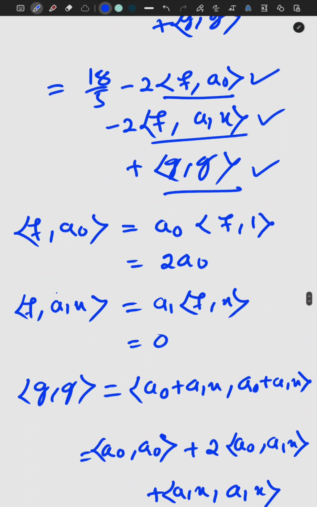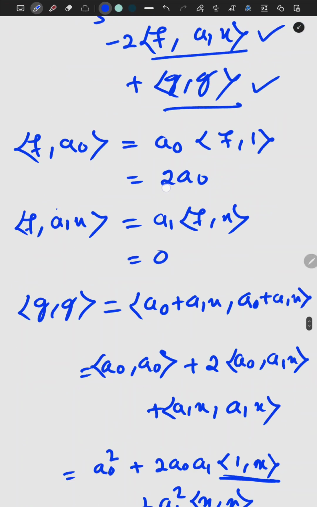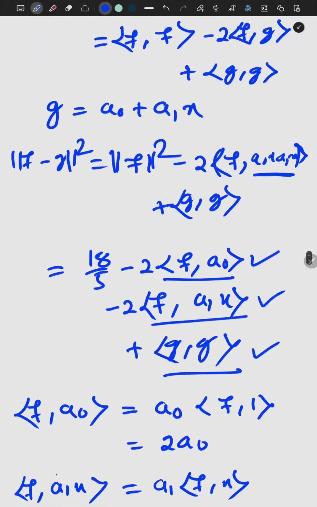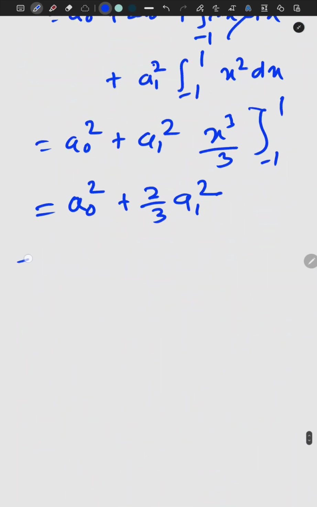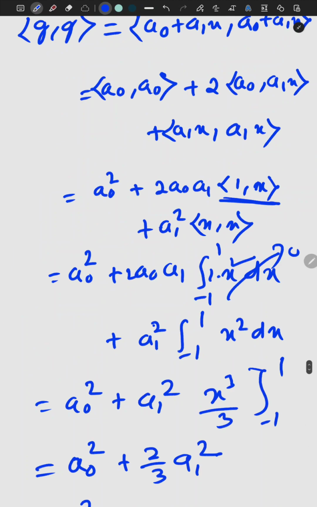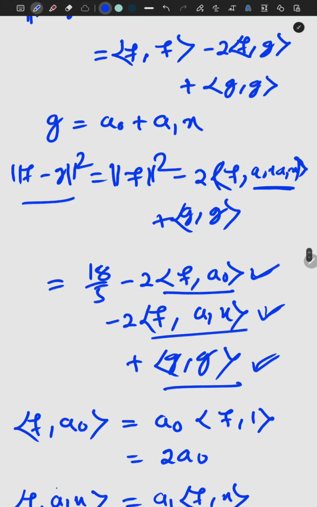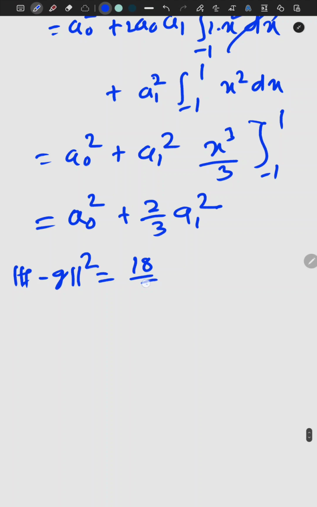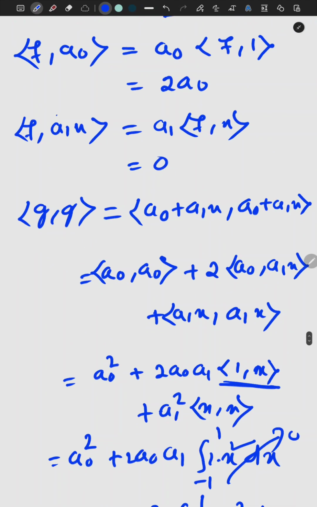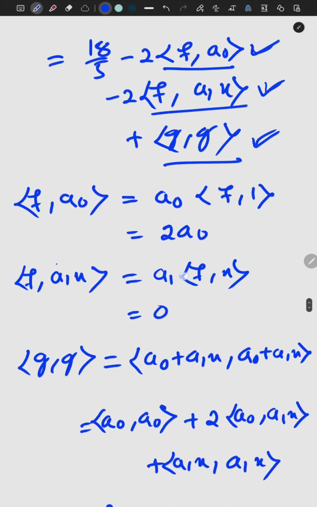If we put the values of these terms in here, we will get the norm square of f minus g. The first term is 18 by 5. The second term is minus 2 times the inner product of f with a naught.